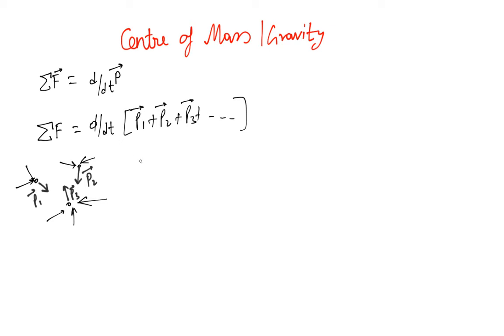Well, you can in fact write it individually. Let's say if you talk about just this mass, then you can write the sum of all the forces on the first particle equals dp1 over dt, and the sum of all the forces on the second particle equals dp2 over dt, and so on.